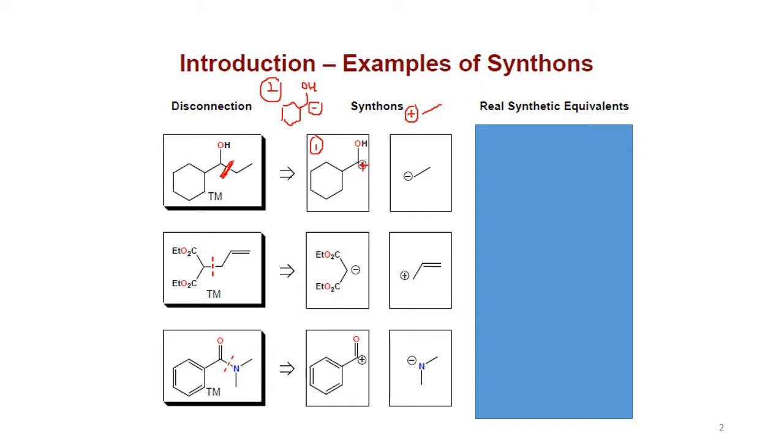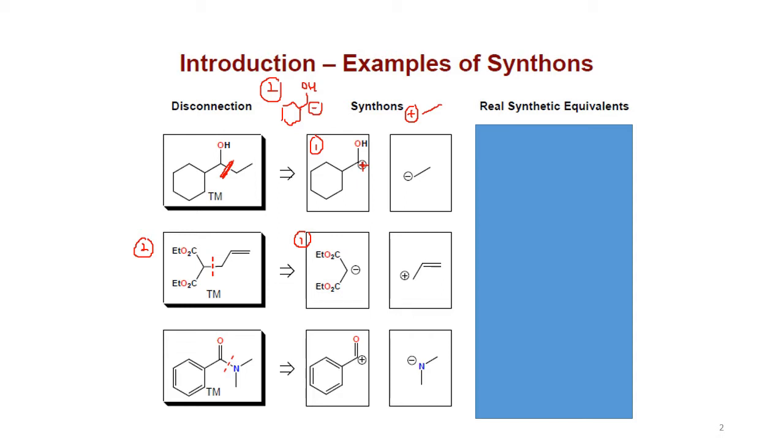Let's take a look at the second molecule here. When we break the bond in between, the first fragment is this part, which becomes minus. This is the first pair, where this is minus and this is plus.